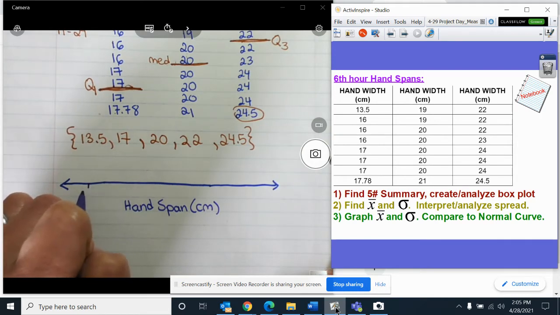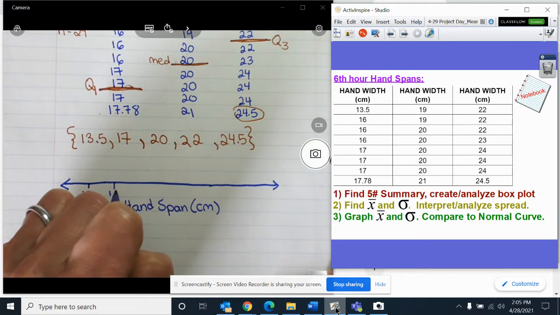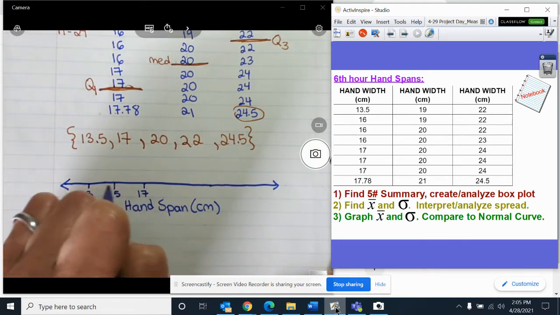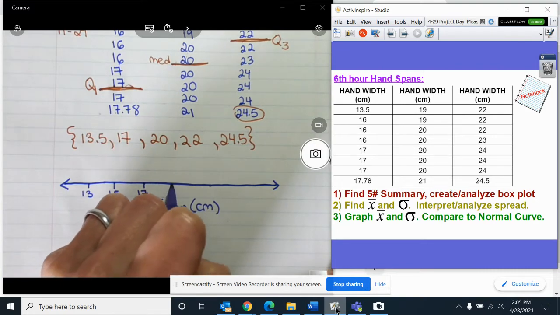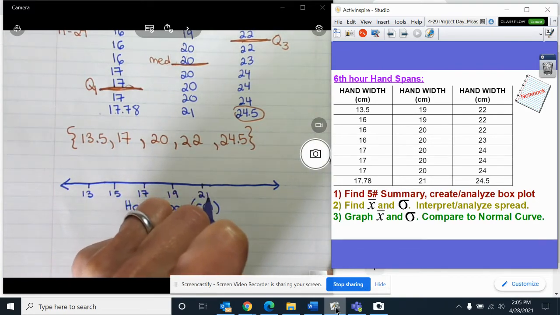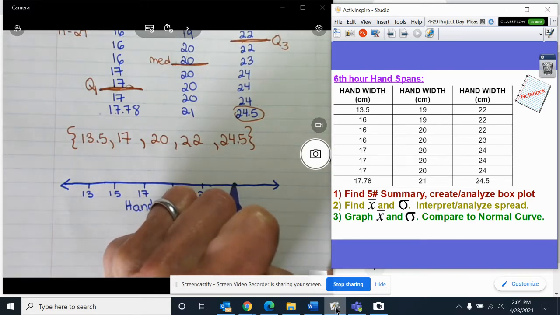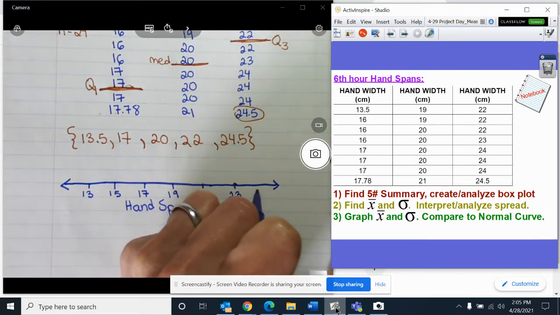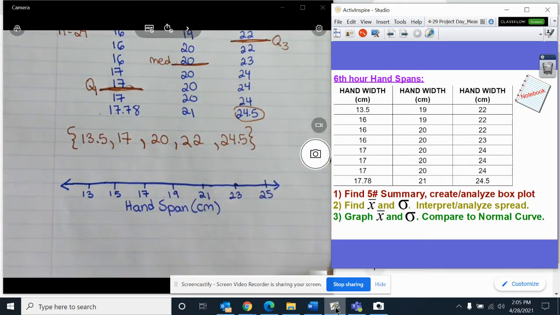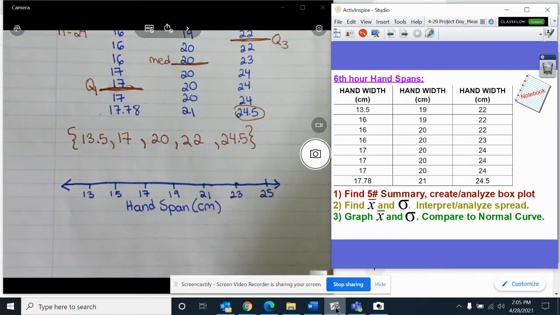So I'm going to start at 13, and then go up by 2s, trying to go equal distance, all the way to 25.